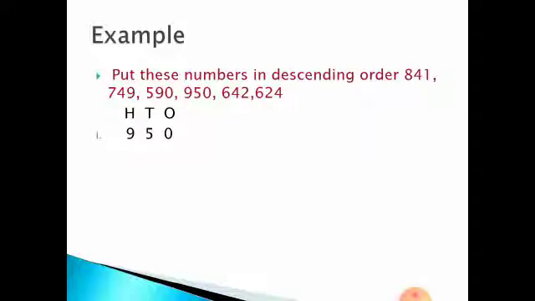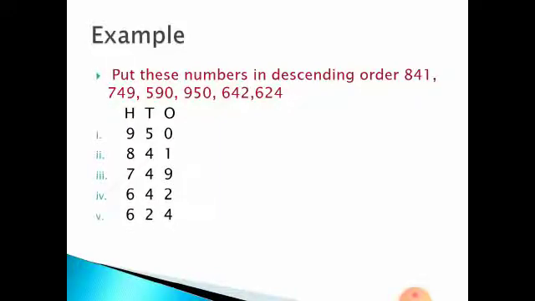Remember, D for down, D for descending, D for dinosaur, biggest to smallest. So the biggest number is, you need to check, 950. Then comes 841. Then comes 749. You can see that every number is smaller than the previous one.